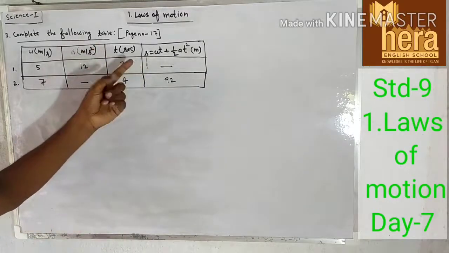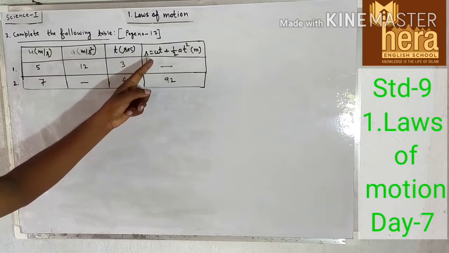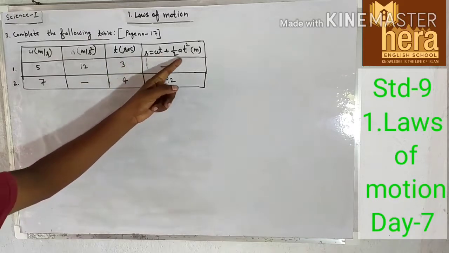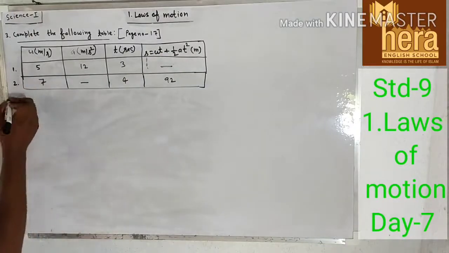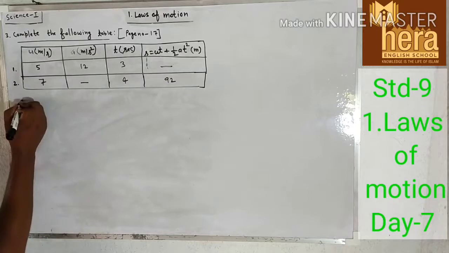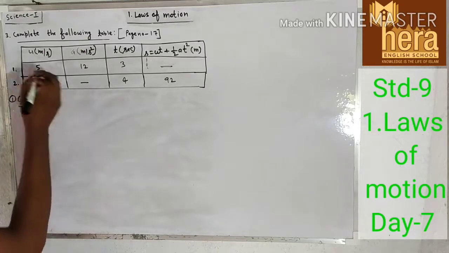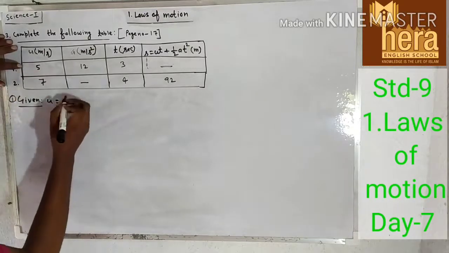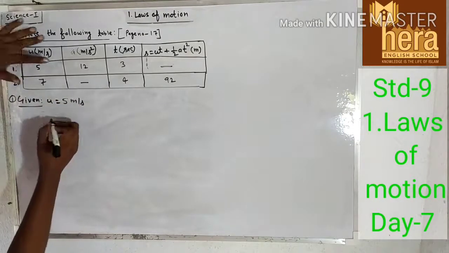So in this case we have to use this formula. S is equal to ut plus half at square, okay? So again we will write given, first one. Given U is equal to 5 meter per second.